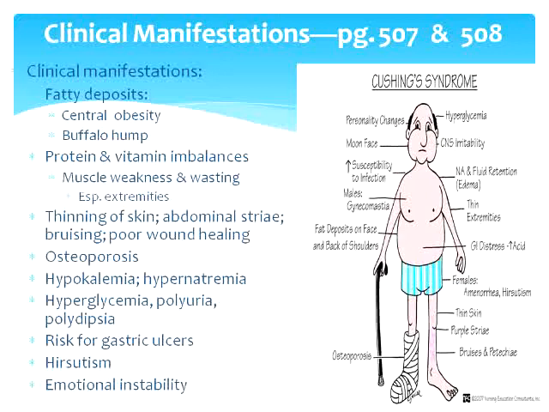Look at the obesity is central, and the extremities are skinny. See that? Muscle wasting. They also tend to have thinning of the skin, which results in, because of the weight gain and the thinning, abdominal striae. What is striae? Stretch marks.